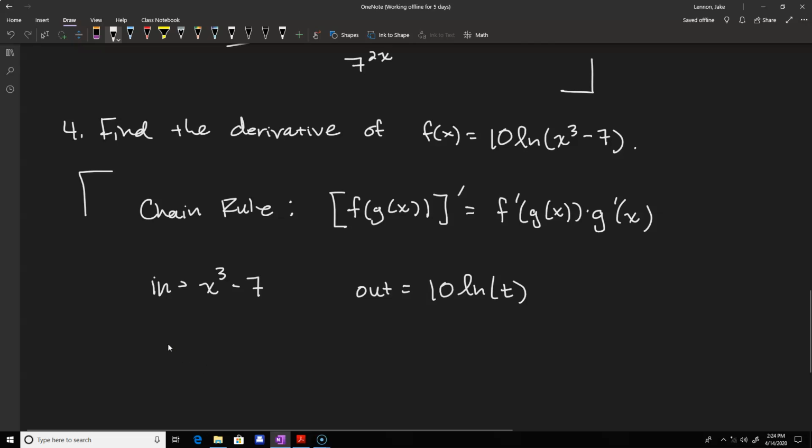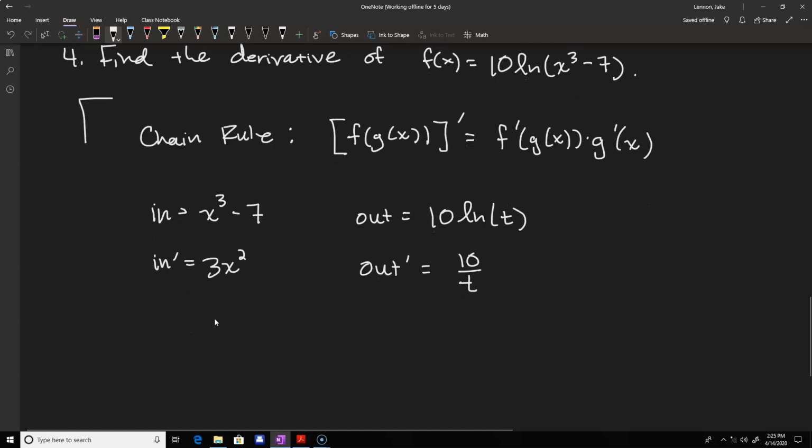So now what you do is you just take the derivative of each part using the normal rules. The derivative of the inside is going to be 3x squared, and the derivative of the outside is going to be 10 times 1 over t, or 10 divided by t. So then the way you apply the chain rule is you multiply in prime times out prime, and you change t back into the original inside function.